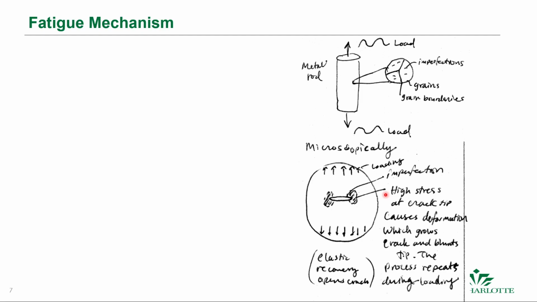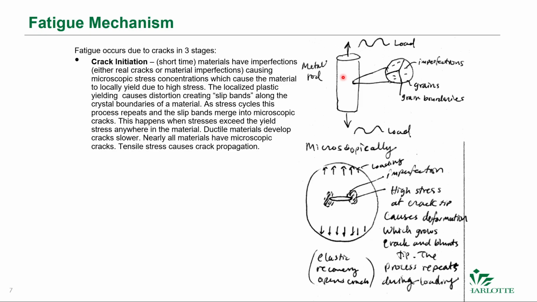So the failure mechanism: here we have just some metal rod, and if we zoomed way in, we would see some grains, grain boundaries, and imperfections in the material. What happens when we have fatigue? It occurs due to cracks in three stages.